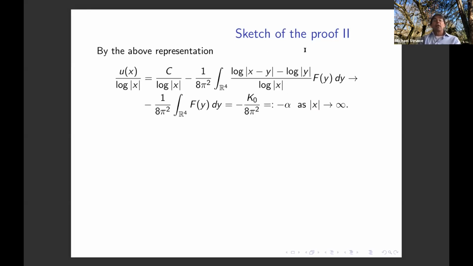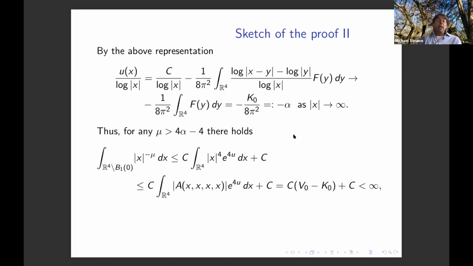And in this expression, the factor in front of the f will converge to 1. So we converge to 1 over 8 pi squared times the integral of f, which was the total curvature. So the result is this number, which I call minus alpha, and u of x divided by log norm of x converges to this limit as x tends to infinity.